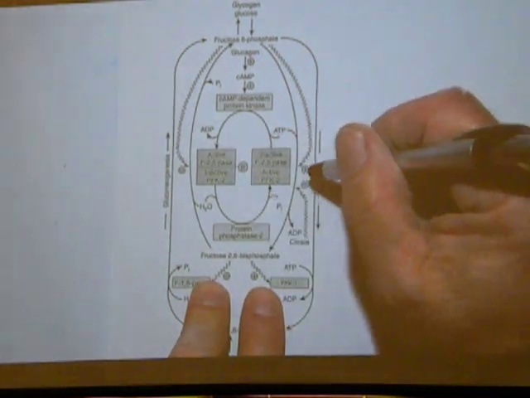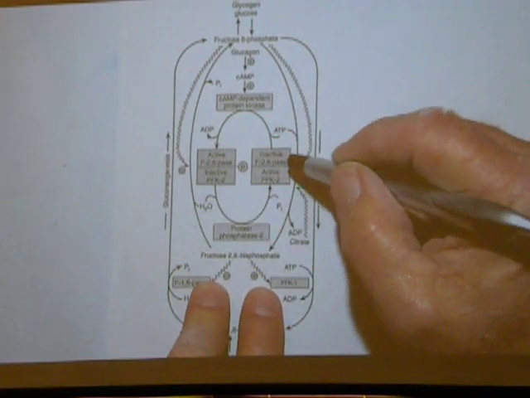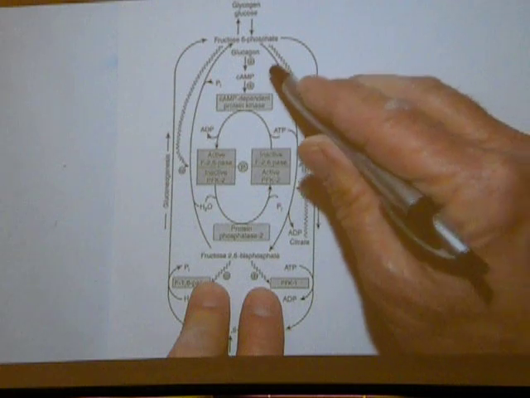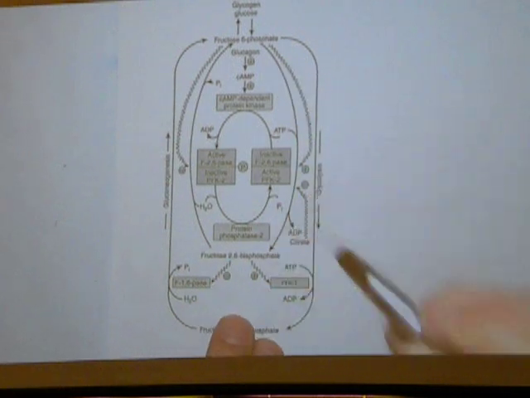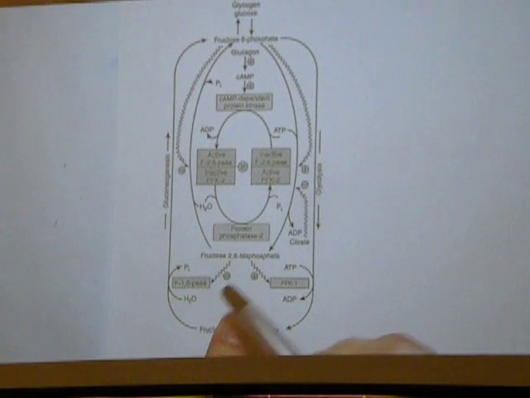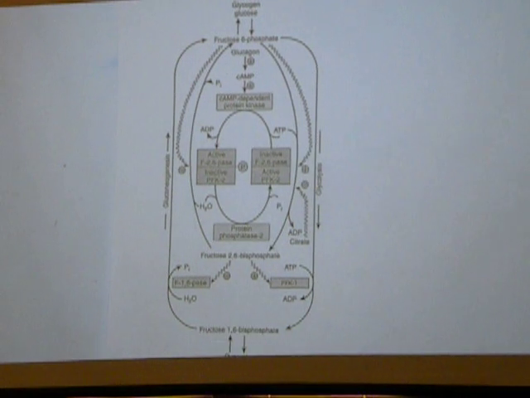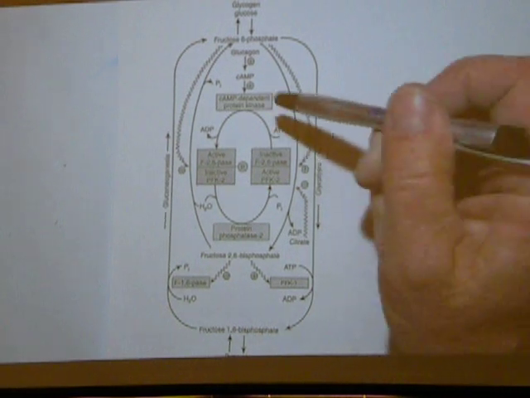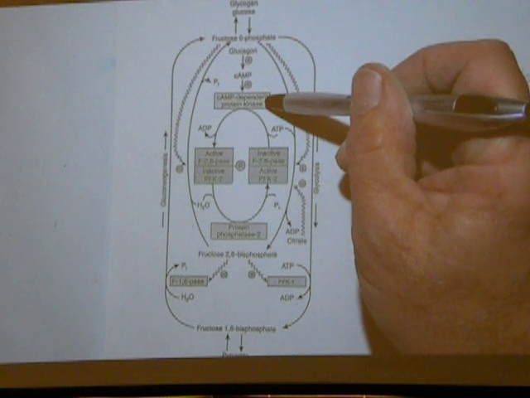If this protein is dephosphorylated, it's going to be active PFK2, and it's going to make fructose 2,6-bisphosphate, and it's going to inhibit fructose 1,6-bisphosphatase. What controls phosphorylation and dephosphorylation on there are two things: protein phosphatases and cyclic AMP-dependent protein kinase.